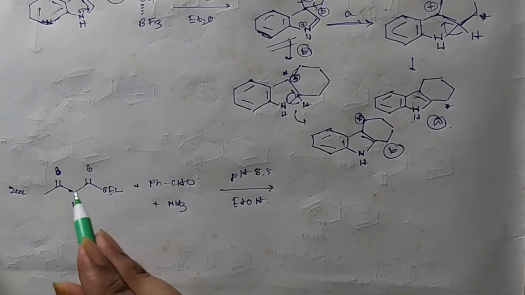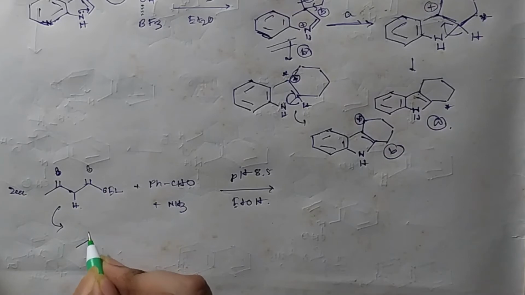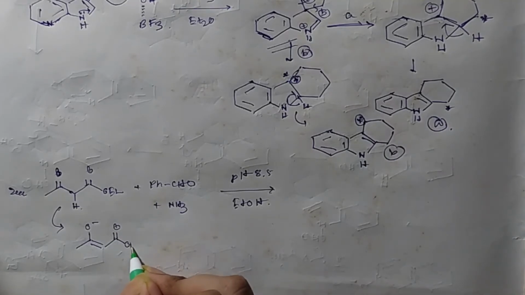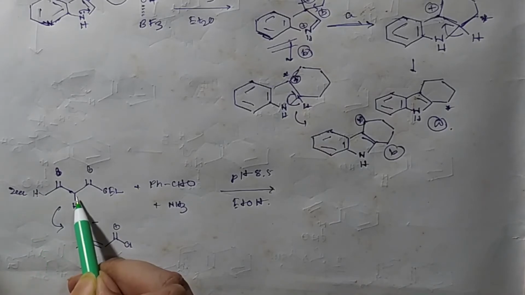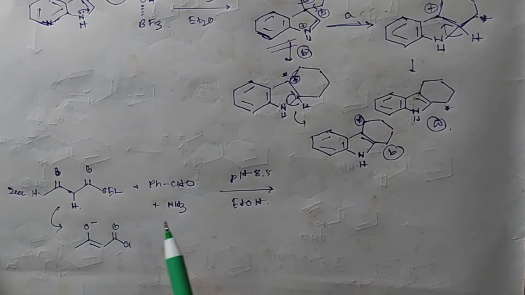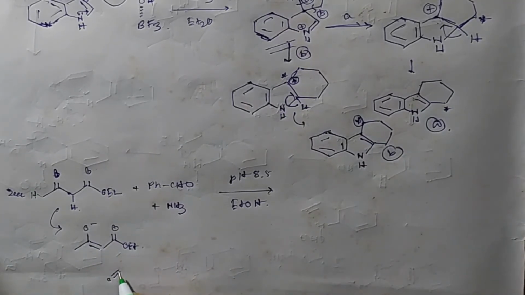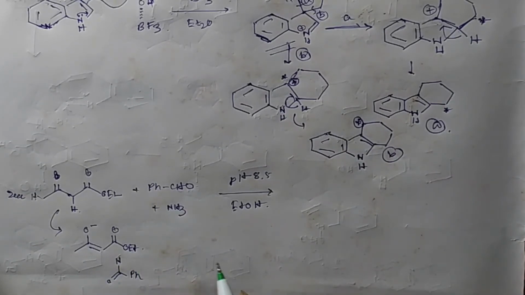In the basic medium this provides an enolate; the more favored enolate will be this, because this hydrogen is also acidic, but this hydrogen is doubly activated, so this is the more stable enolate, which will react with the benzaldehyde carbonyl.